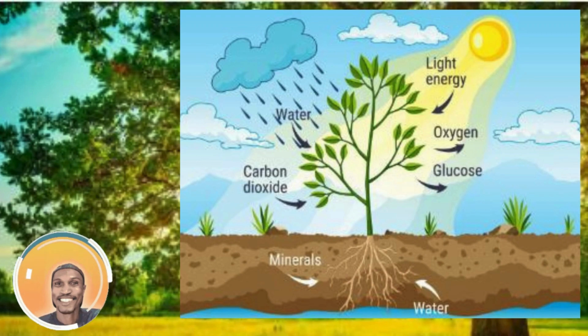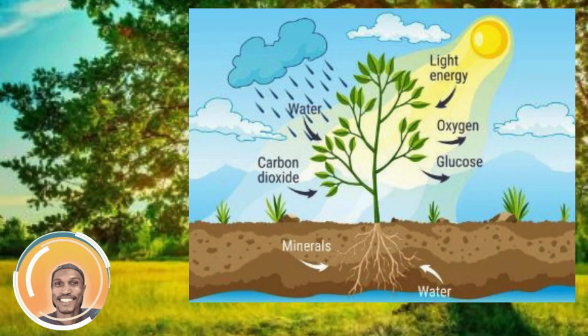It's very important that plants get the maximum amount of light that they need in order to survive. Plants require light for photosynthesis, the process by which plants convert light, carbon dioxide, and water into carbohydrates.